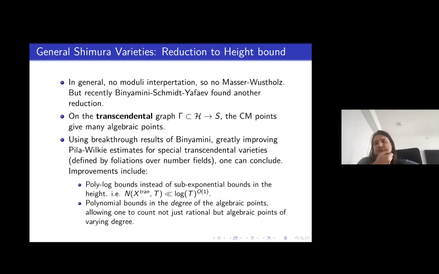So they work with transcendental functions far and wide. Binyamini, to get stronger results, restricts specifically to transcendental functions which are obtained by algebraic foliations defined over number fields. So he restricts to a much more specialized setting, which nonetheless is sufficient to handle a lot of interesting cases. And as a reward, he gets these much more powerful results.